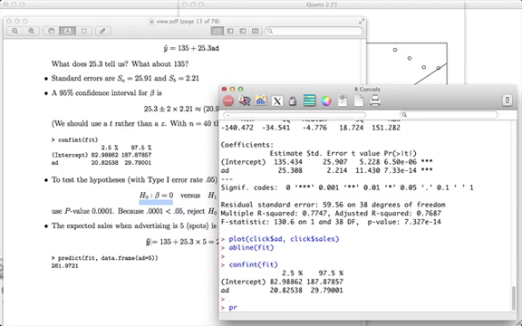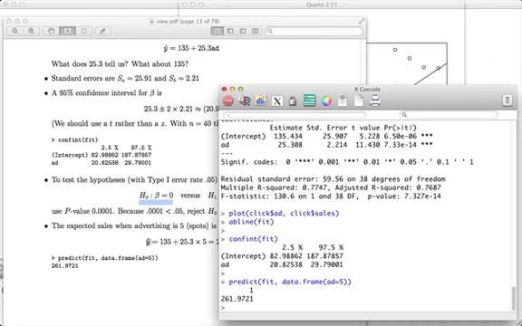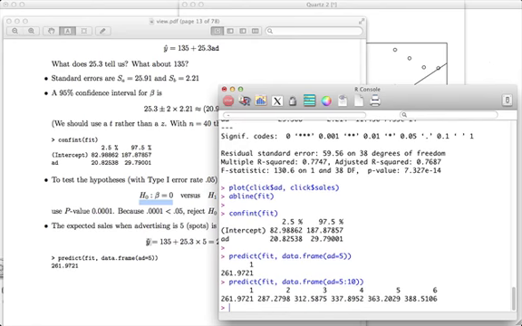Predict is a very useful function that works with any model in R. I have to specify a data frame, and so let's say ads equals 5. And sure enough, we get that result. If you wanted to produce a range of values, so let's go 5 through 10, you'll see that you get predictions for all of those values.